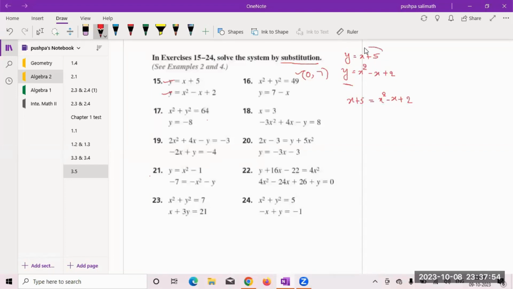I'm substituting this y here. Is it clear here? Mylene? Yeah. So is this clear? This step first, this is the first step. So do you subtract the x from one side? Yeah, that I'll do.